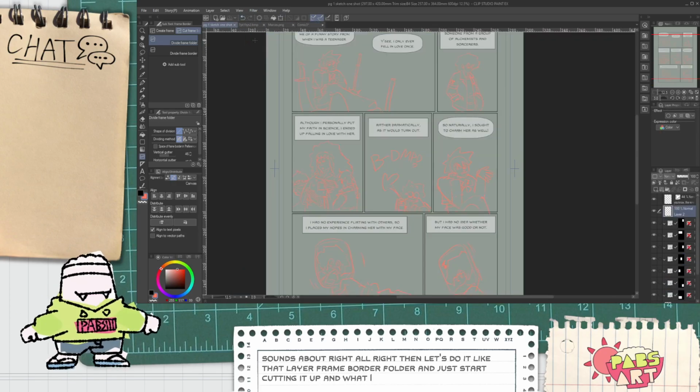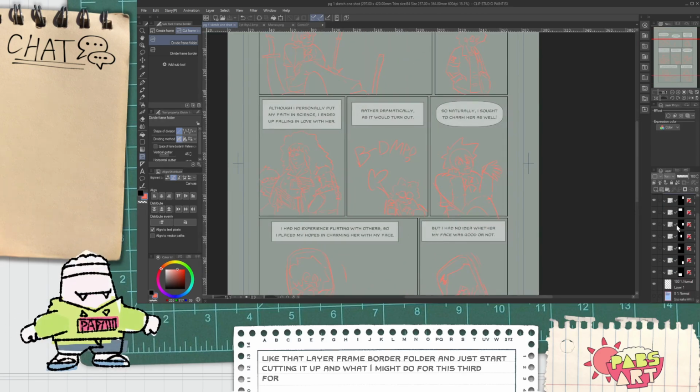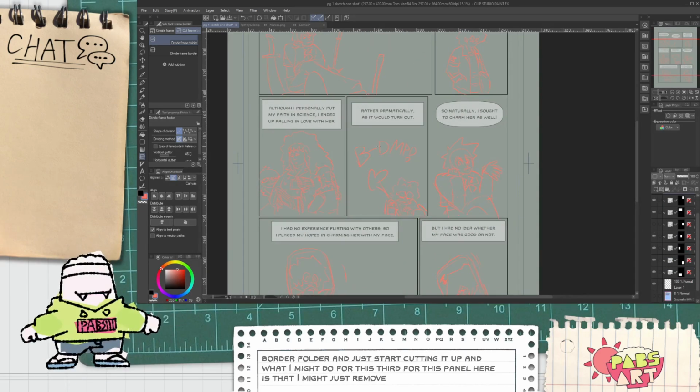And what I might do for this panel here is that I might just remove the border.